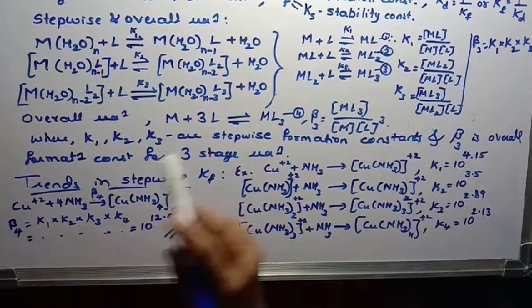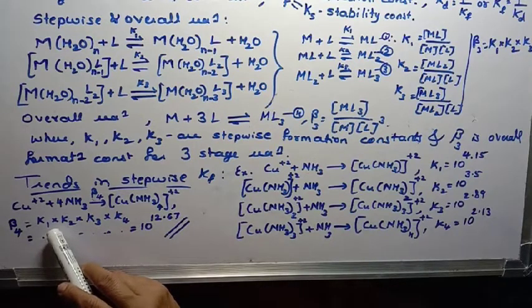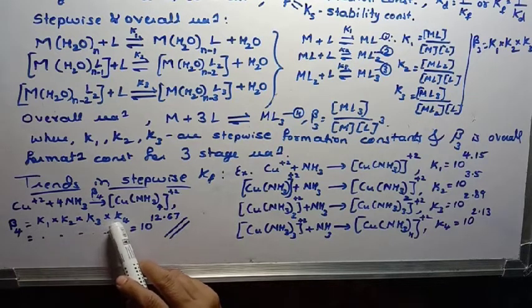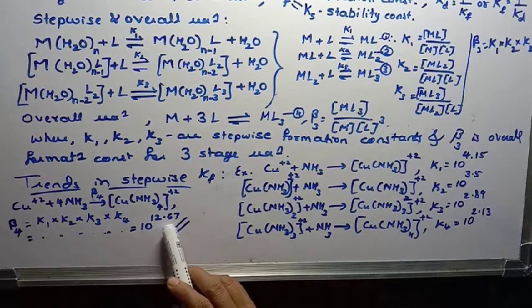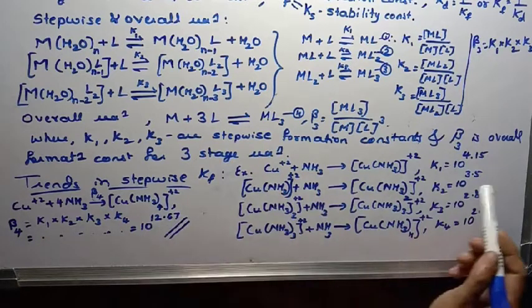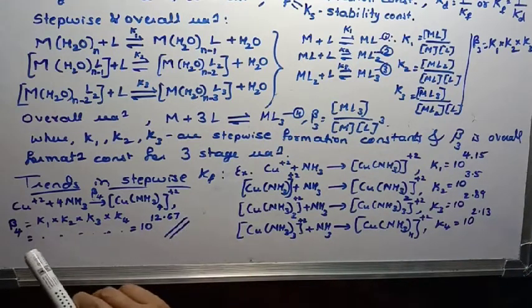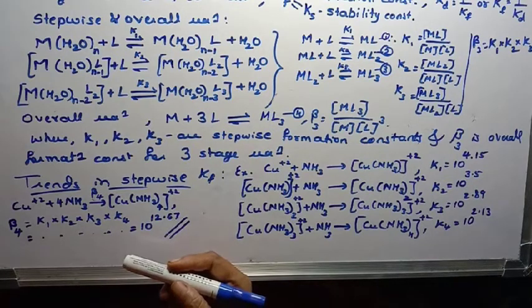As you know how they are related, beta 4 is related to the stepwise formation constants in this form: K1 into K2 into K3 into K4 gives you beta 4. By multiplying all these and adding the powers, you get 10 raised to 12.67. This will be the formation constant for the cuprammine complex.